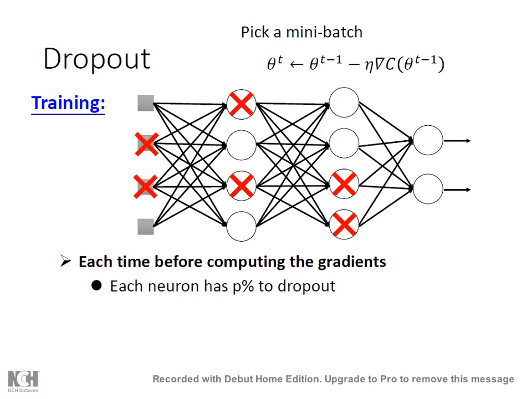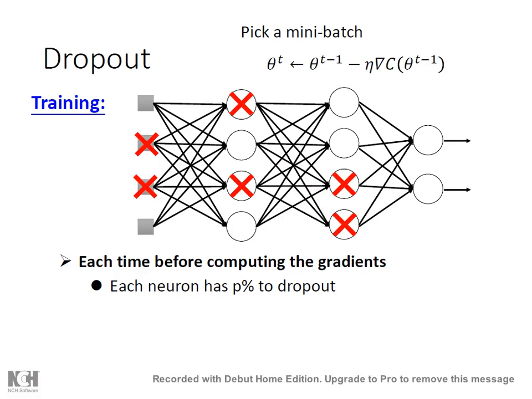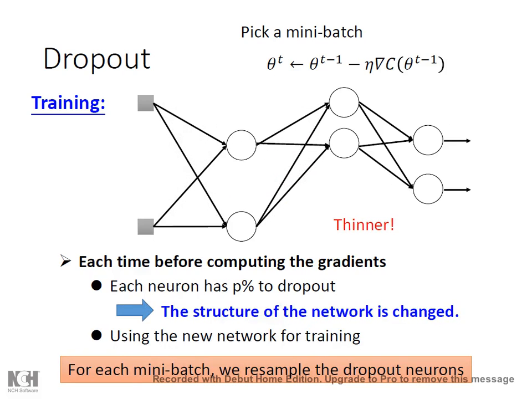When you remove these neurons, your network becomes thinner, right? You see the difference? We just remove these neurons from the network, so you have a thinner network. The structure of the network is changed, and we will use the new network for training. But you may wonder, why do we just drop them, are the others not important?